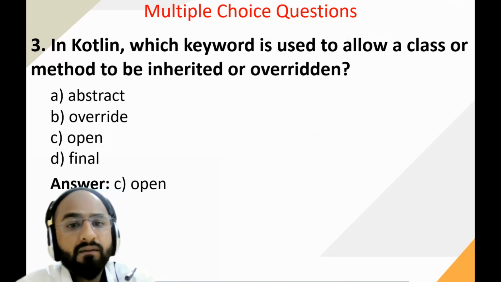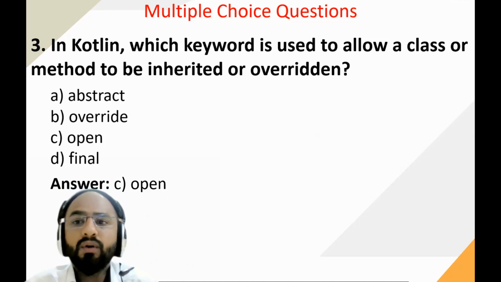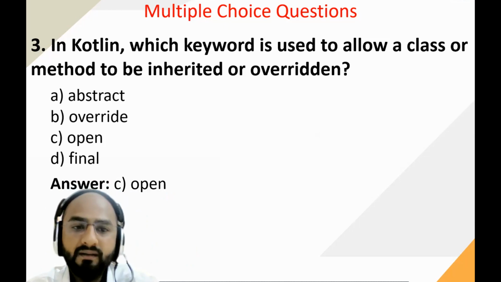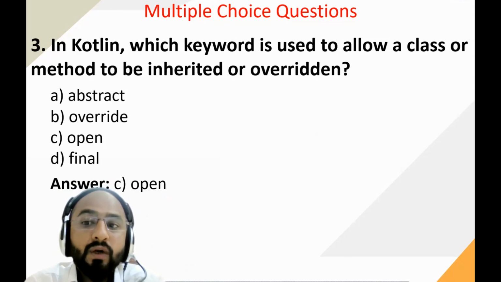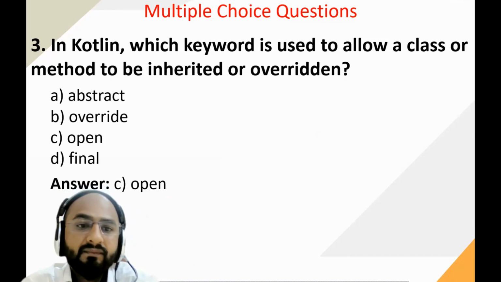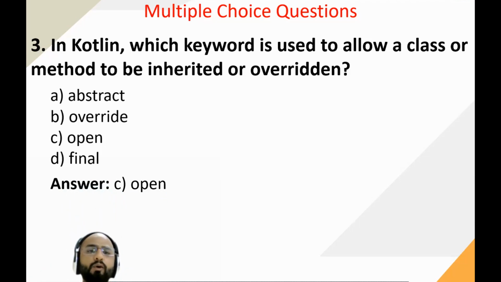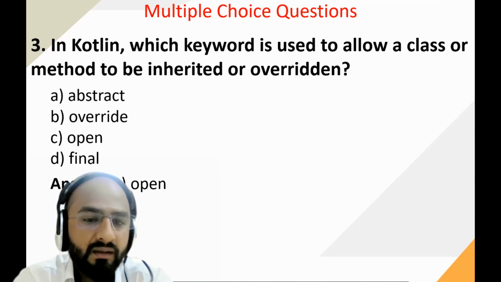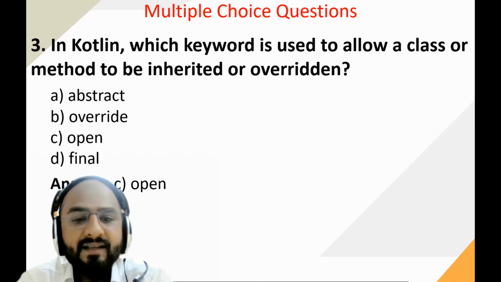In Kotlin, which keyword is used to allow a class or method to be inherited or overridden? So which keyword is used to allow the class to be inherited? A, abstract; B, override; C, open; D, final. So the right answer is open.